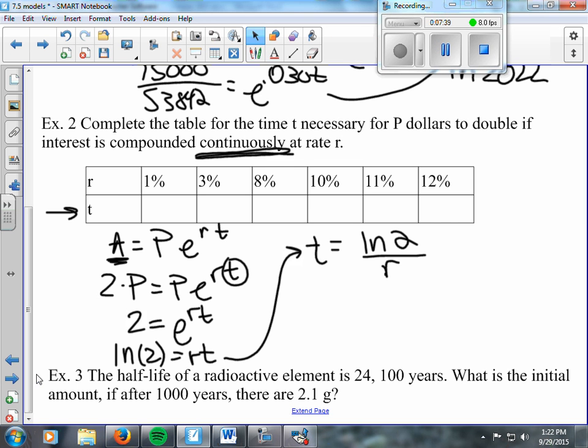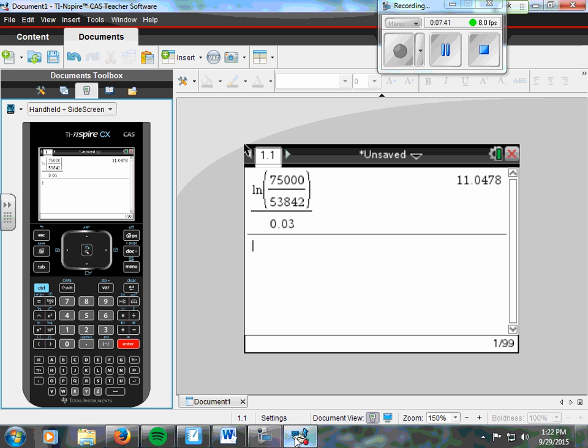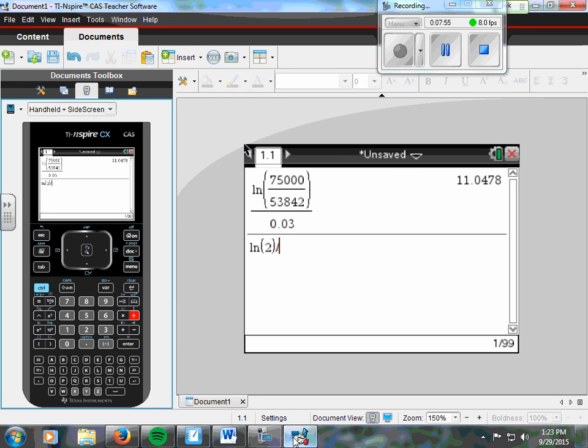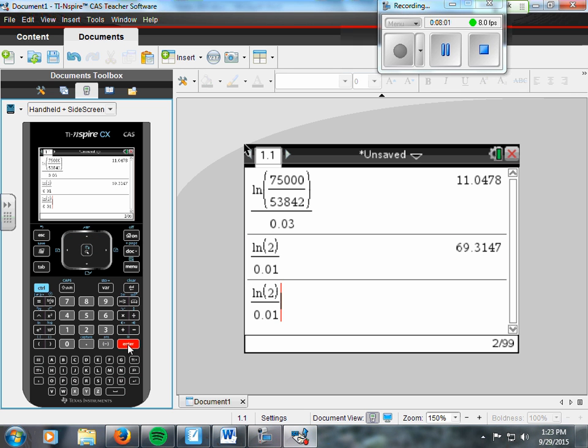So over here in my calculator, I want to do the natural log of 2 divided by the interest rate. And my first interest rate, I didn't see it, was 1%. So I have 1, 3, 8, 10, 11, and 12. So 1% is 0.01. And then I'm going to do 3%, so divide by 0.03.